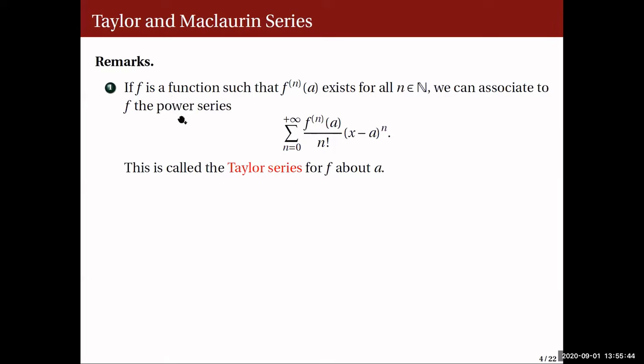For number 1, if the derivatives of f of all orders exist at a, we can associate to f this power series, where the coefficients are the derivatives of f at a, and this series is called the Taylor series for f about a. This series is named after the English mathematician Brook Taylor, who introduced it in 1715.